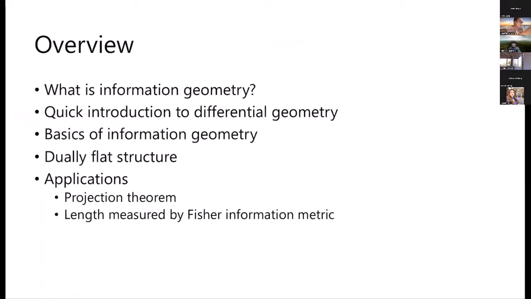I'll move on to the final part, applications. I'll show you some applications using the projection theorem, and also some lengths measured by the Fisher information metric in the probability space.